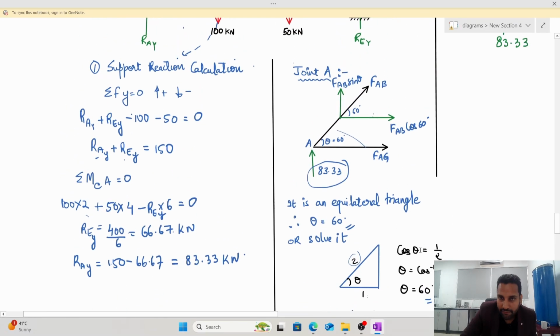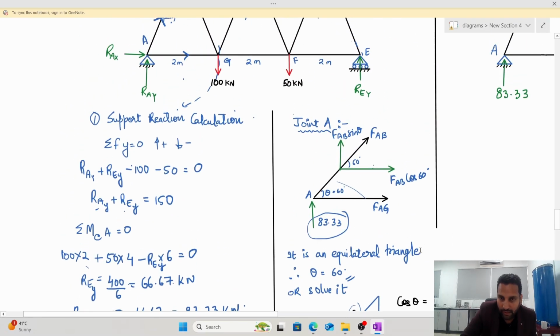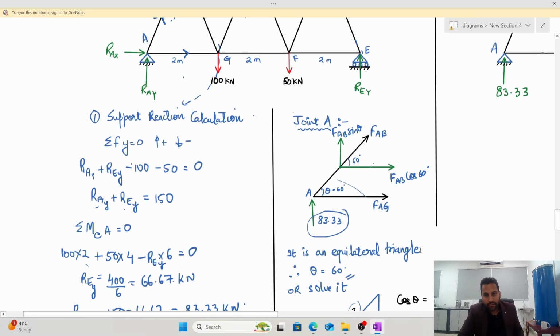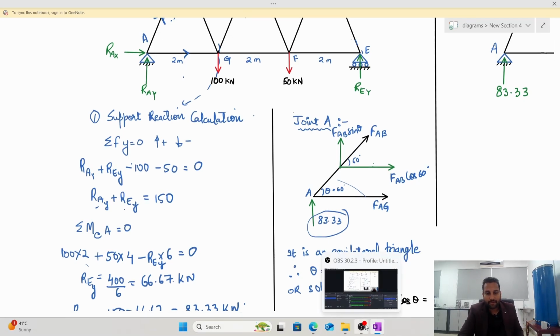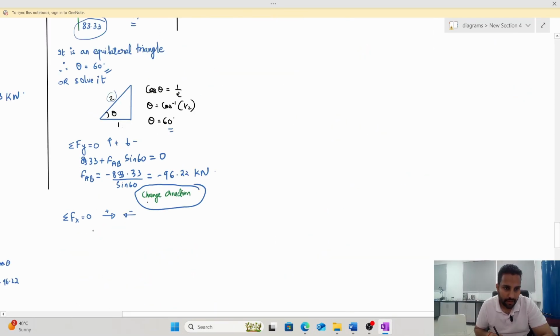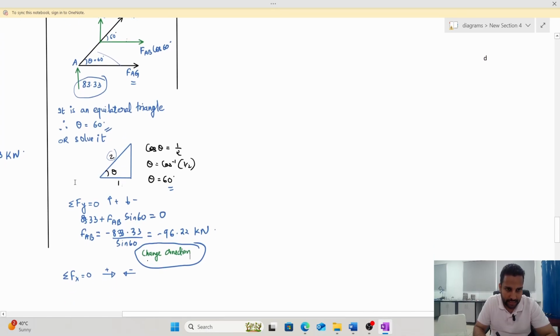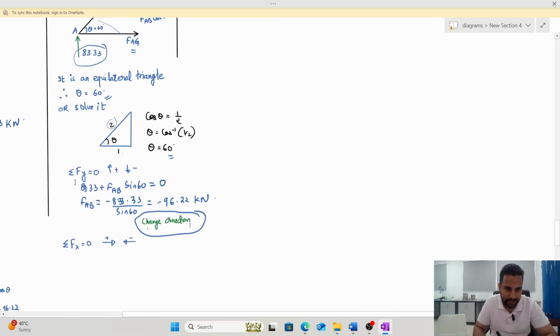Initially you have assumed FAB is going out, but it is not going out, it is coming in towards A. Okay. So this is what it is. After changing the direction, you will get FAB as 96.22, which is coming towards A.